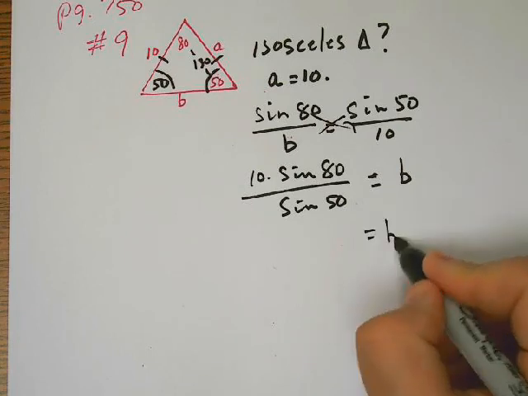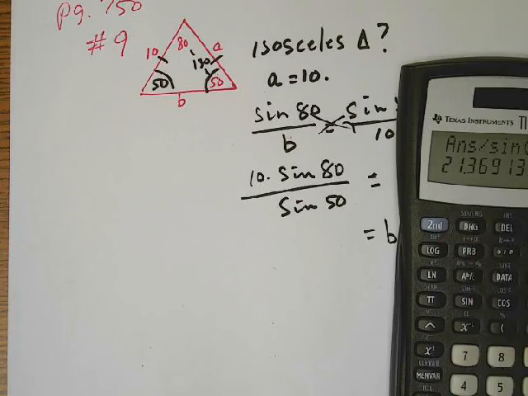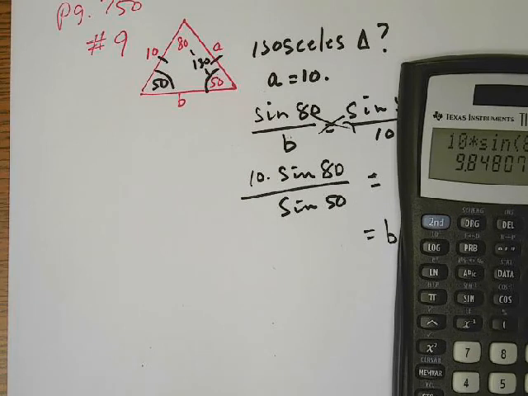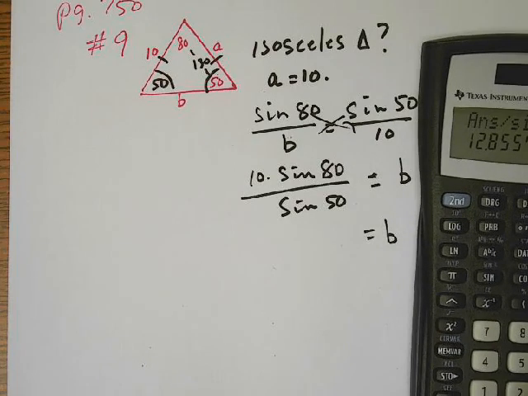Let's put it in the calculator and work it out. 10 times the sine of 80 divided by the sine of 50. 12.9.